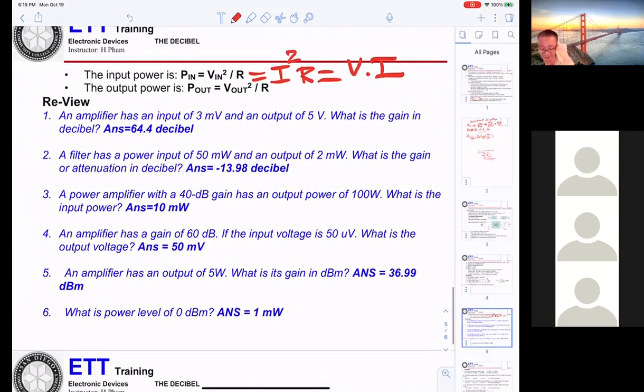A filter has the power input 50 milliwatt, output 2 milliwatt. What is the gain or attenuation in decibel? You understand the attenuation means loss. Okay? When you have loss, dB will be negative.